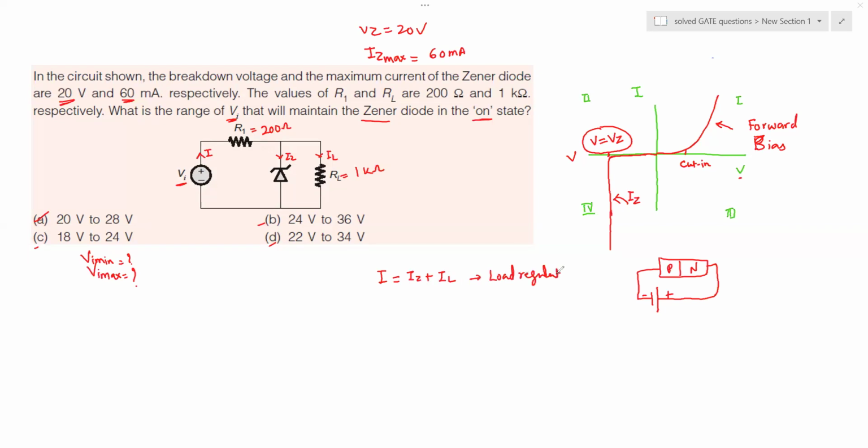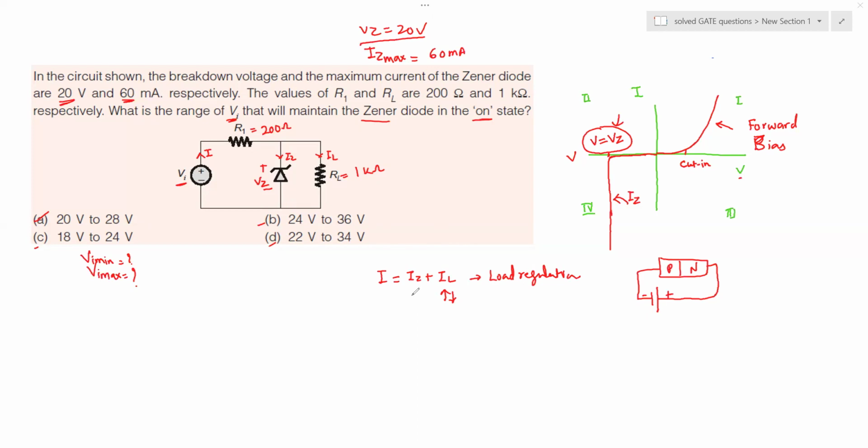So let's have a look. Let's say your IL goes up or goes down due to some reason. You change the value of resistance, or due to temperature the RL changes, and hence the IL can go up or go down. The property of the Zener, when it is in the on state, is that it has a voltage drop across it indicated by VZ, which is the breakdown voltage, right here from the curve, the value 20 volt in the example.